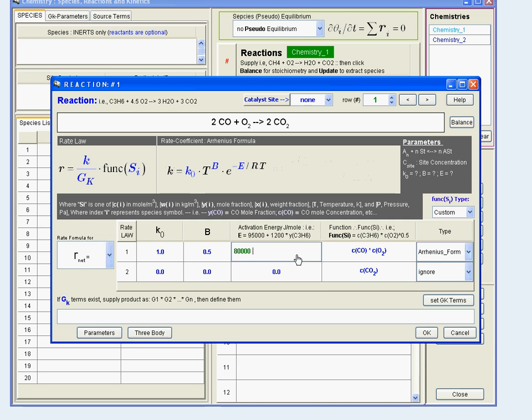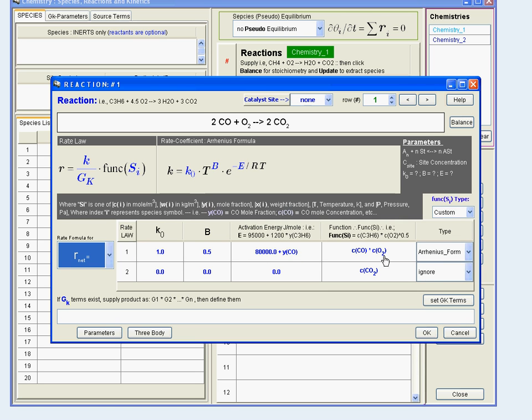So if you want it to be a function of mole fraction for the CO, we just type in y of CO. So the explanations for mole fractions and mole concentrations, weight fraction and weight concentrations are displayed here. C means mole concentration, W means weight concentration, Y means mole fraction, X means weight fraction. T is temperature, P is pressure in Pascal, and so on. So this is how we enter them.